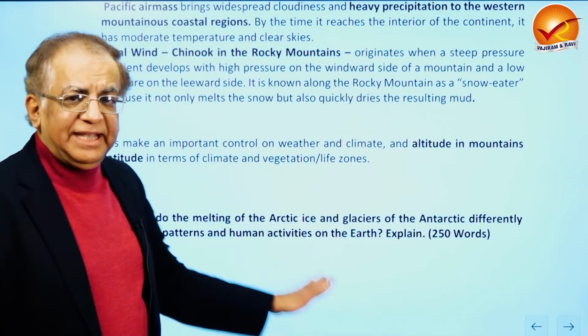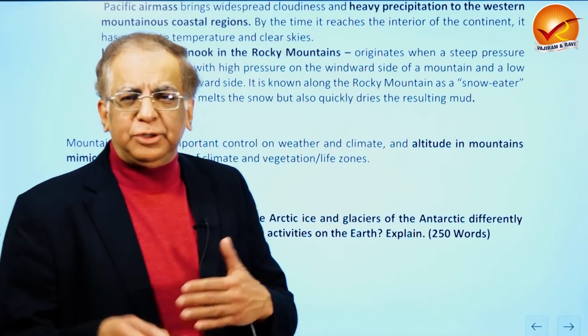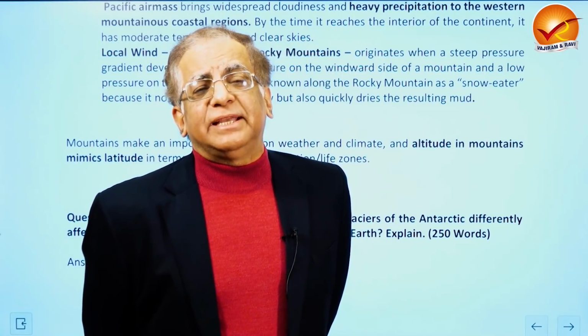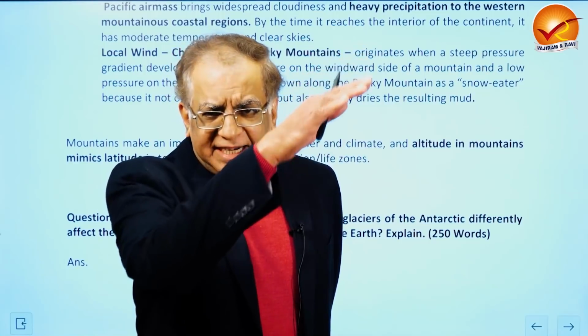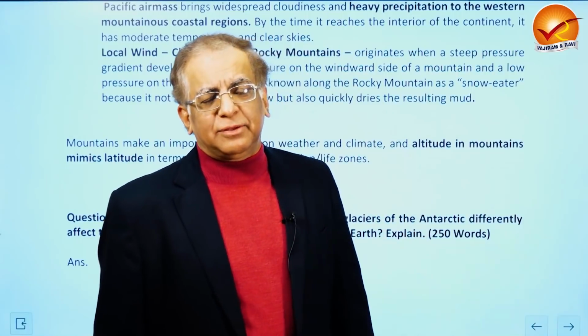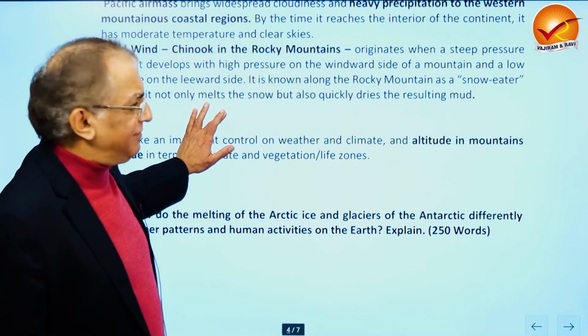And when the air blows along this pressure gradient, it is going to have influences on the weather conditions. On the leeward side, when the air is descending, it gets automatically warmed, and for that reason, Chinook becomes a snow eater on that side, affecting the local conditions there in a very significant way.